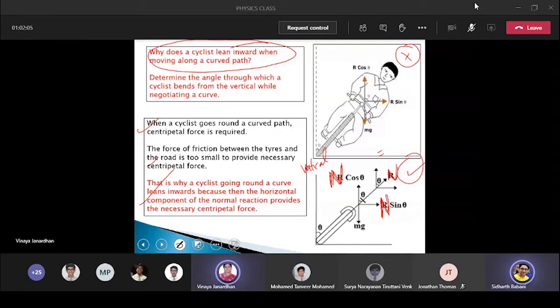No, not necessary, boys. Shall I move to the next slide, or do you need time to complete this? Do you need time to complete?